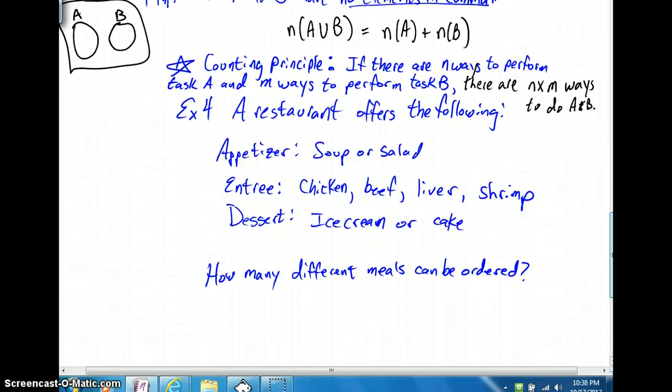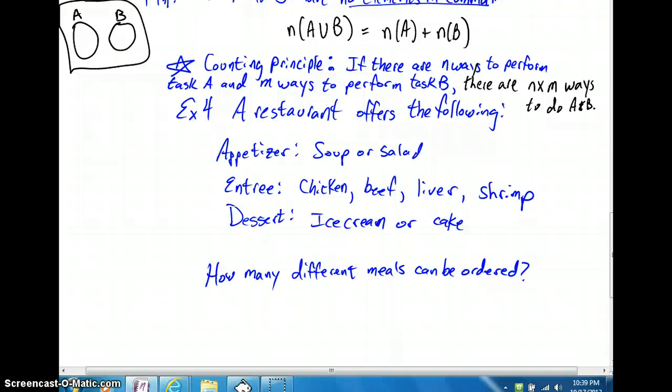Let's say that a restaurant offers the following choices for a meal. For an appetizer, you could either get a soup or a salad. For an entree, you could have chicken, beef, liver, or shrimp. And then for dessert, you'd have ice cream or cake. We're going to assume that one of these selections must be made each time.